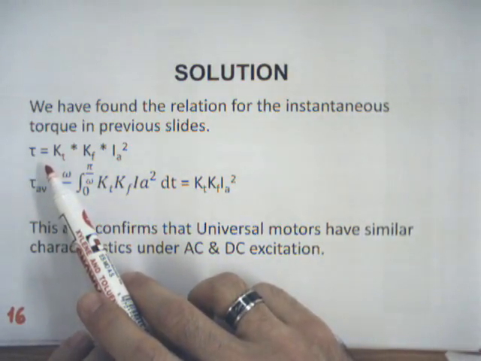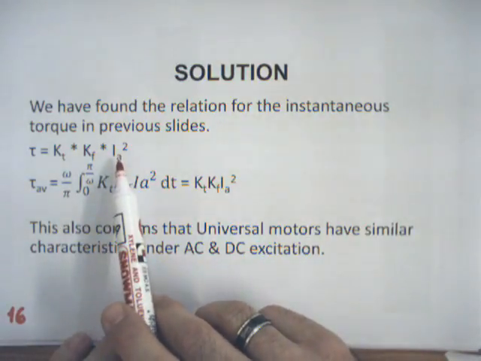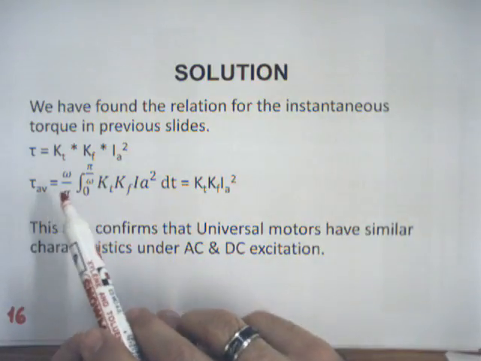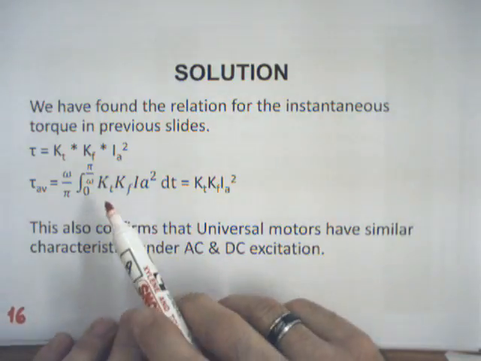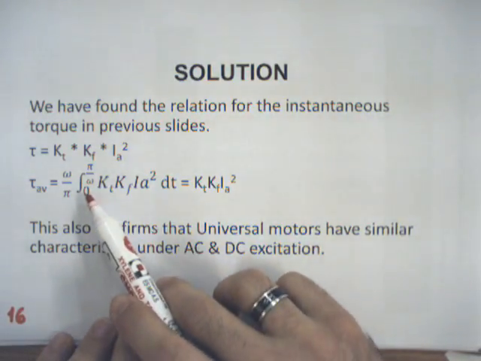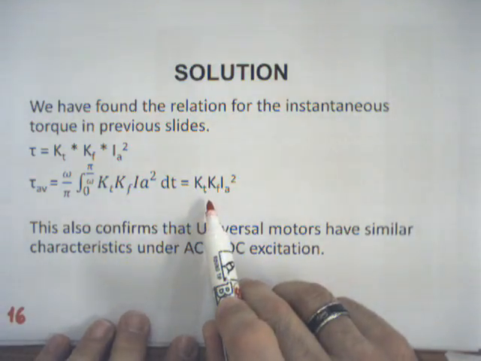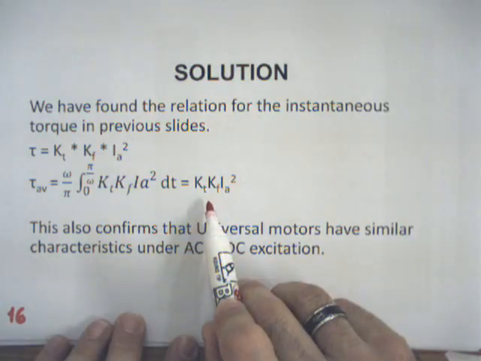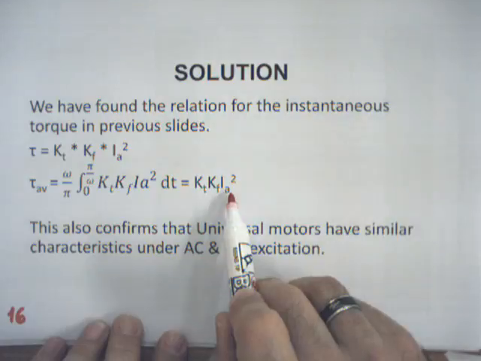In one of the previous slides, we have shown that torque is directly proportional to the square of the armature current, and the average torque is the time average over one period of this current value. If you take this integral, you can find that the average torque is again directly proportional to the square of the armature current or field current.